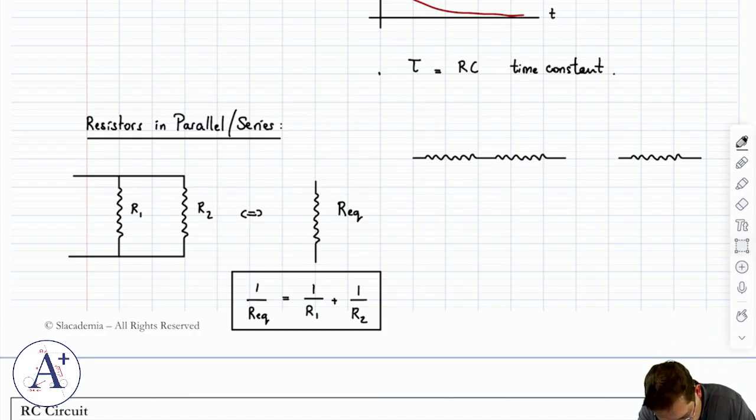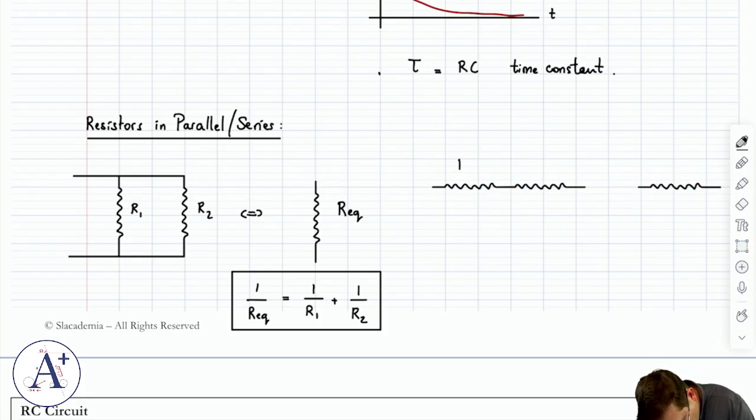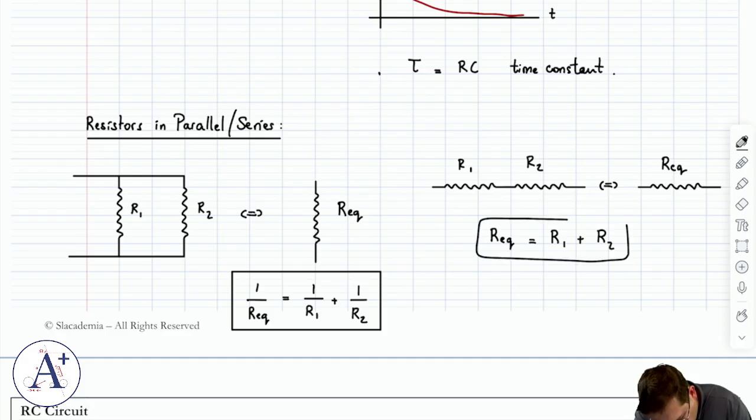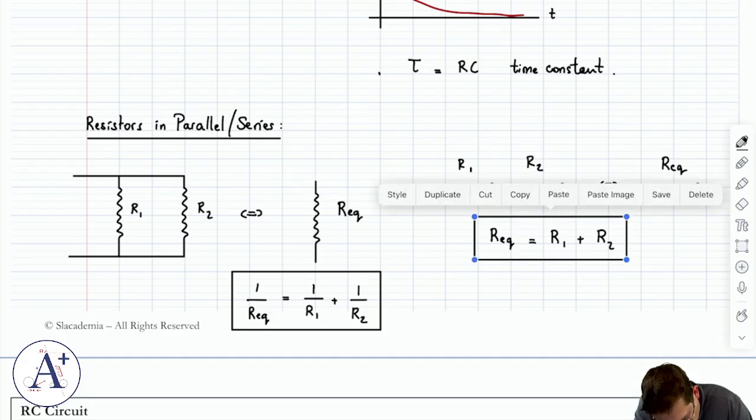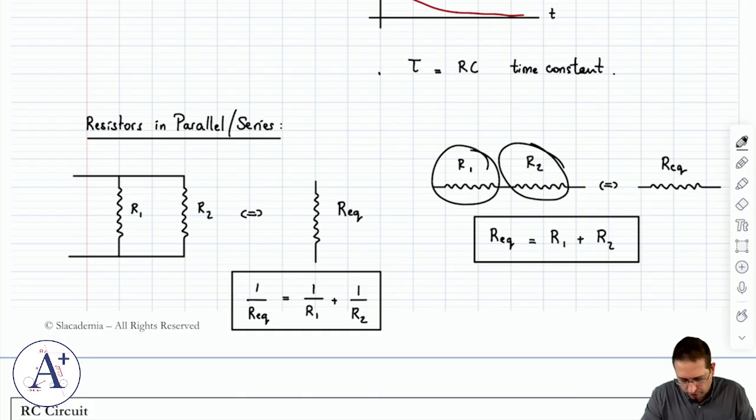And of course, if they're in series like this, then we're going to get R1, R2, one after the other, which is equivalent to a single resistor with equivalent resistance that is the sum of the two. I mean, it makes sense. If you're trying to flow your current through R1 and R2, you're going to have to jog through the crowded mall once, and then, oh no, another mall, jog through that mall too, right?